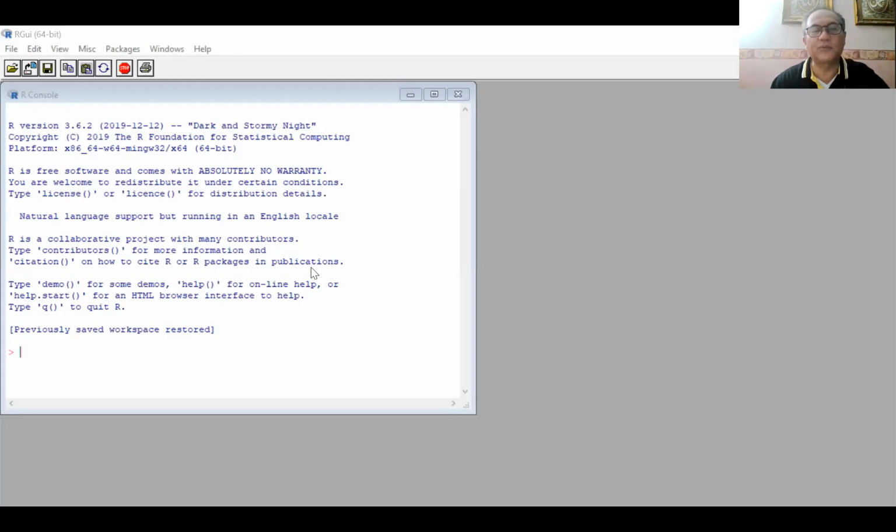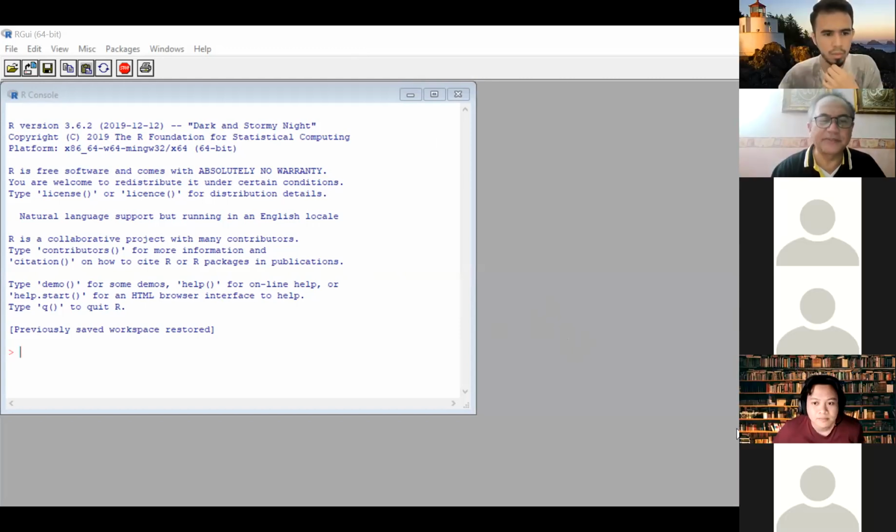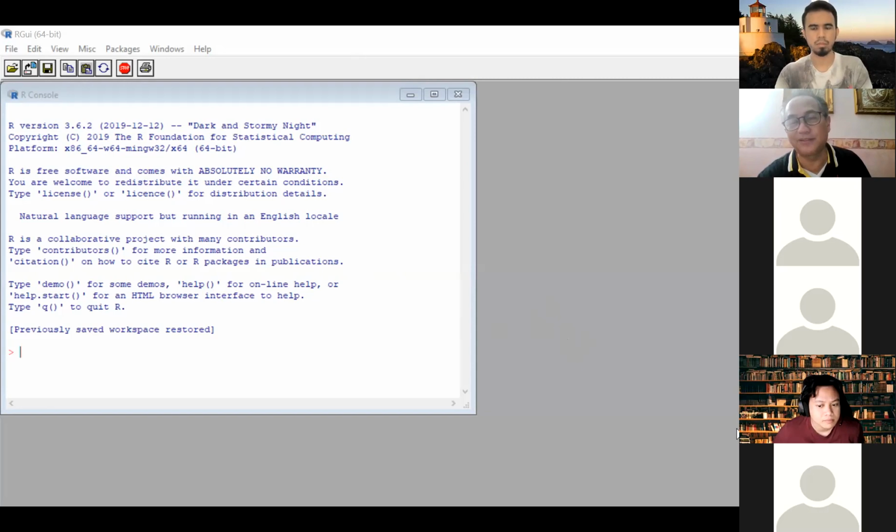This is not R Studio. This is the basic R GUI. Everybody can follow. What I do, you just follow. You just open yours, and then you just follow. If you don't follow, you will not learn. You can just see.